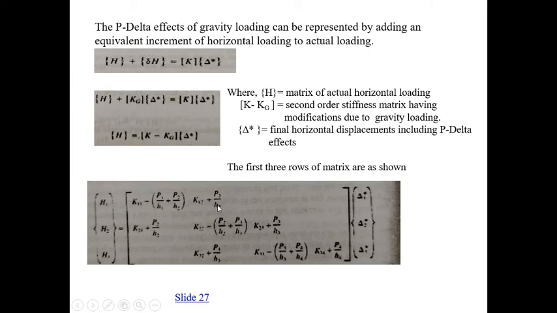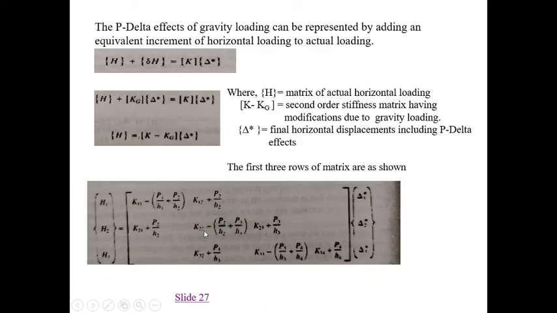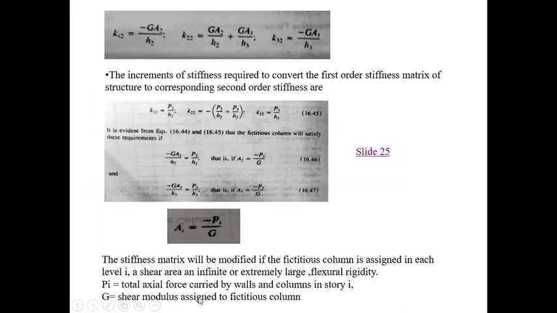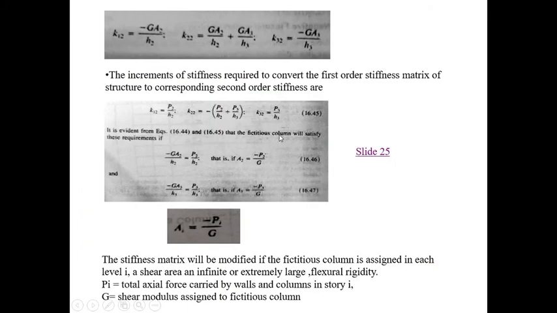So when we equate it to unit there, what we write is K12 is equal to P2 upon H2 from the first order analysis. Then K22 is equal to minus P2 upon H2 plus P3 upon H3. Then K32 here is equal to P3 by H3.